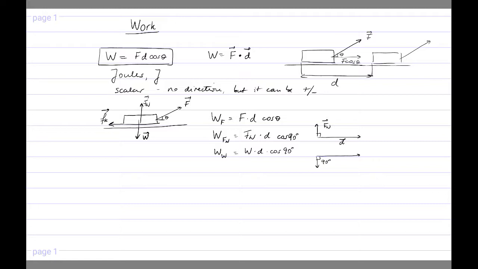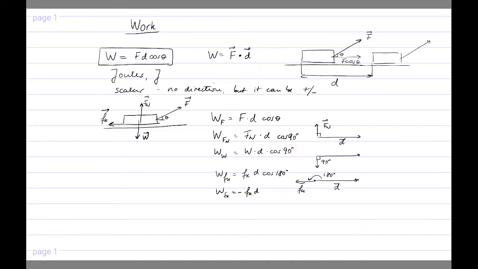And then we have the work done by the friction force, and that is friction force times displacement times the angle between displacement and the friction force, and that is 180 degrees. So we have cosine 180. Cosine 180 is -1, so work done by the friction force is negative FkD.